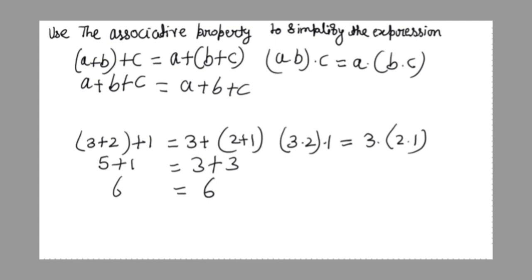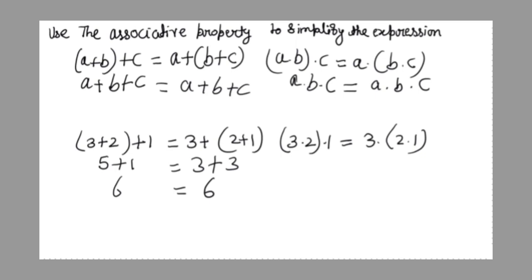Here a dot b grouped together, where a dot b means a multiplied by b. So we get a dot b, and then we multiply by c, so we get a dot b dot c. It will be equal to, if we group together b dot c and then multiply by a, the same answer.